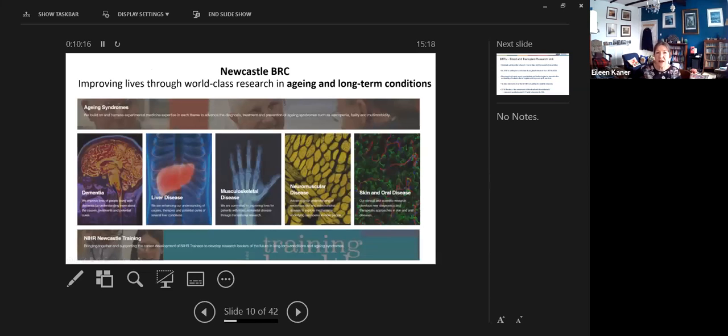And our BRC has a very specific focus on improving lives through world-class research in aging and long-term conditions. So it's very much focused on the later end of the life course, and you can see some of its priority areas on this slide.